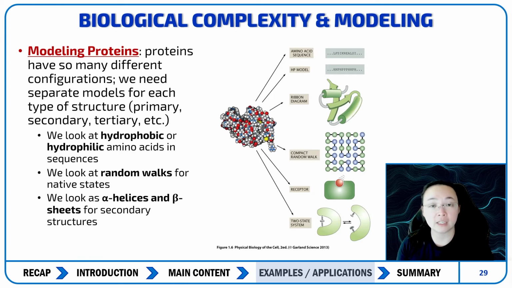So when we're taking a look at each of these individual structures, which symbolizes how much folding has already taken place, we're going to be looking at hydrophobic, hydrophilic amino acid interactions. We're going to be looking at random walks, basically computational studies. We're going to be looking at alpha helices and beta helices for secondary structures, and how those two different types of structures give rise to different types of proteins.